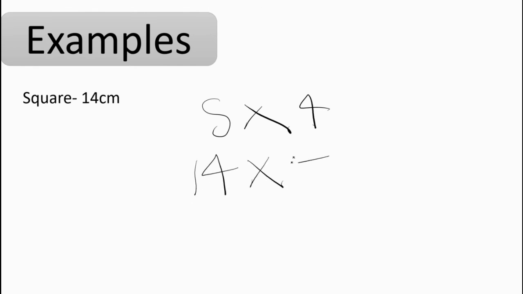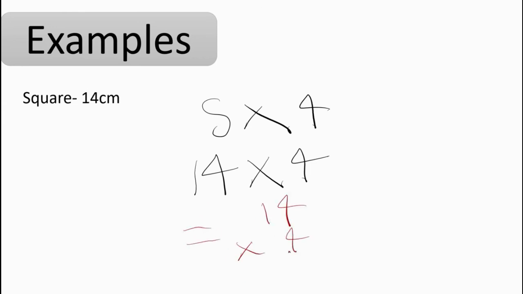Now we are going to have a look at some examples. First, a square which has side 14 centimeter. The formula for calculating the perimeter of a square is s into 4. In this case s is 14. Now 14 into 4, I'll just calculate it.